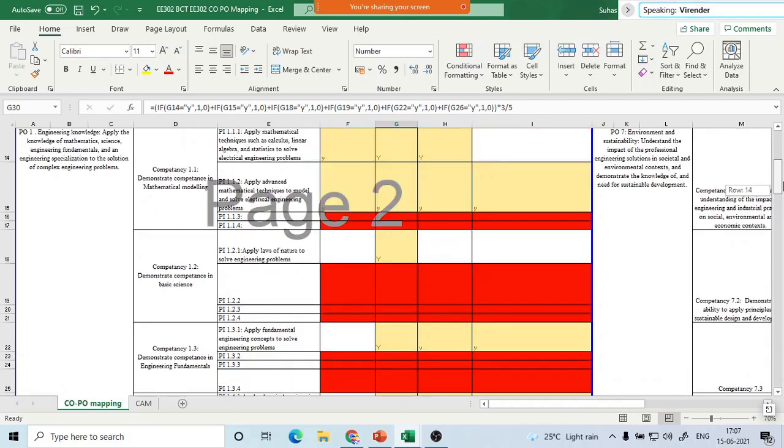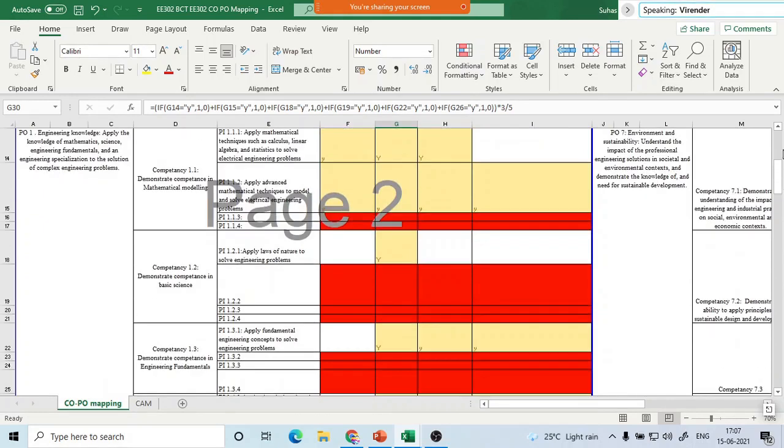When I initially started the NBA activity, I was very much fed up with it. Then I decided, now try to understand this, and then I came to know all this stuff, and we put all of this into the particular sheet.